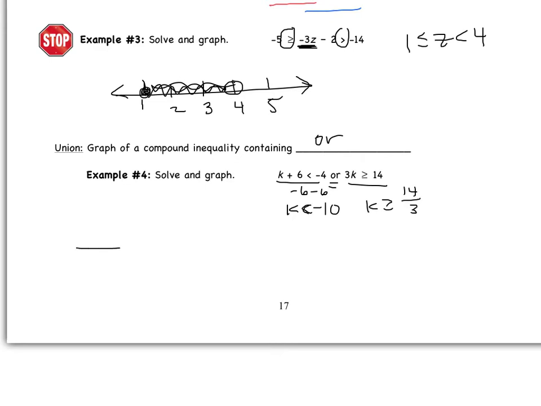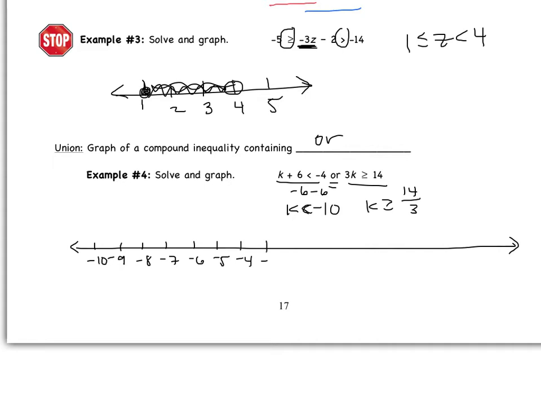And then I need to graph this. It's going to end up being a huge inequality. Okay, so this first one, k is less than negative 10.